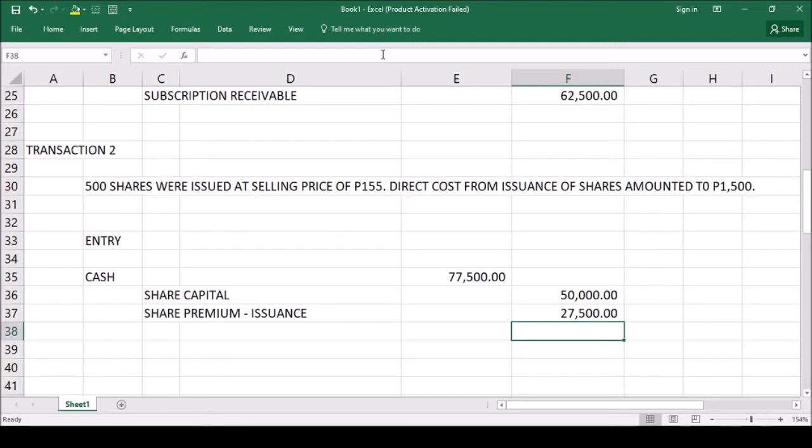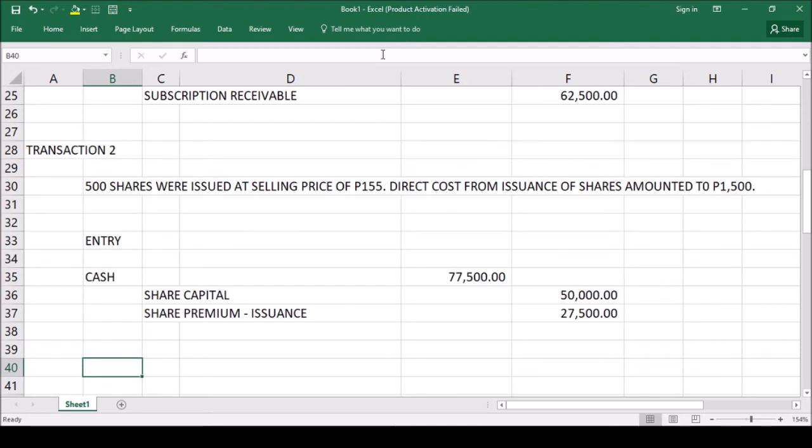Okay? Sir, meron pa po isang transaction on the particular example. Meron po tayong direct cost na hindi nare-record. Kung meron pong direct cost from issuance of shares, ito po yung ruling. The direct cost must be charged against the share premium.